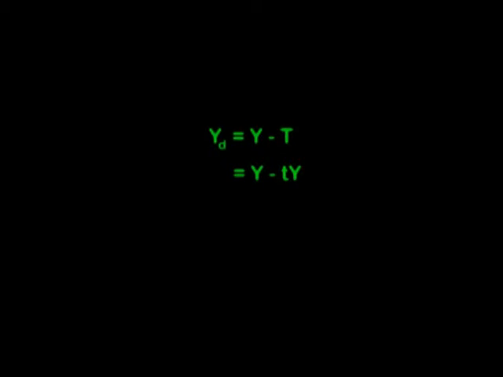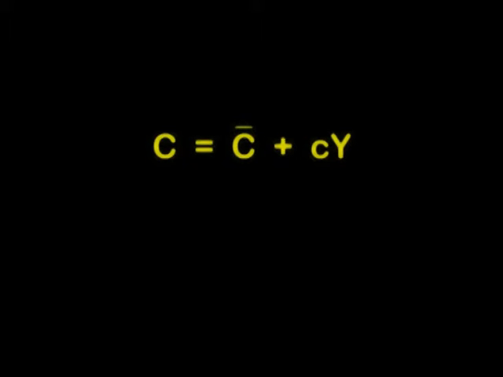This then converts to 1 minus t times y. Our consumption function says that aggregate consumption is equal to autonomous consumption plus the induced part, or MPC times income.